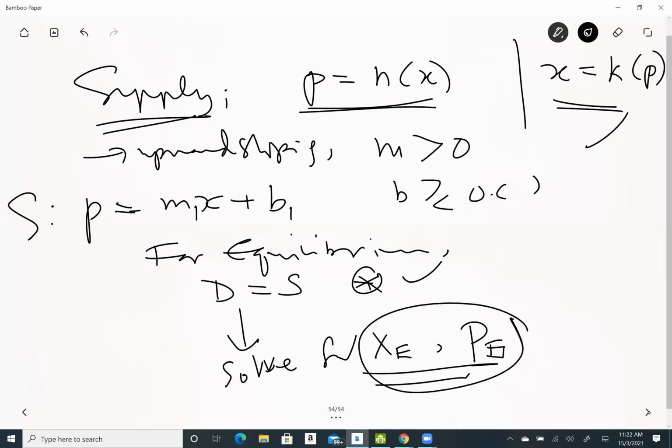That is what you want to find. For market equilibrium, you want to find the equilibrium price and also the equilibrium quantity.